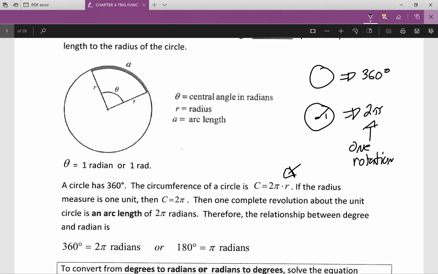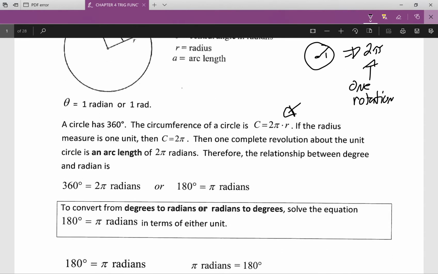So I can say one rotation is equal to 360 degrees, or I can say one rotation is equal to 2 pi. And that 2 pi is what we call radians. As such, we say 360 degrees equals 2 pi radians, or dividing both sides by 2, we say 180 degrees equals pi radians.